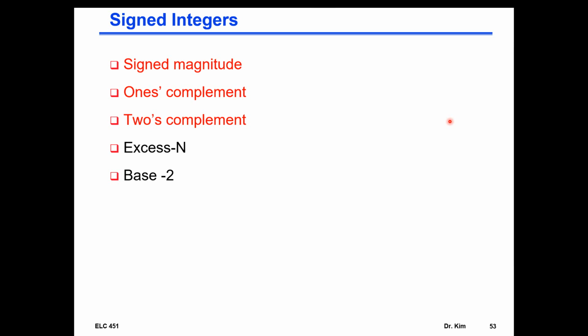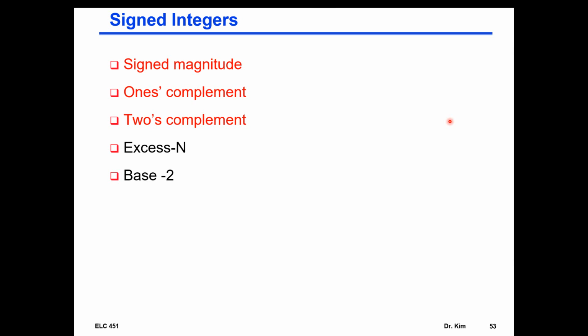And there is a good reason for that: the other encodings may have 2 representations for 0, which is inconsistent. But for 2's complement, that's not the case. So mathematically, it is friendlier than some of the other formats.